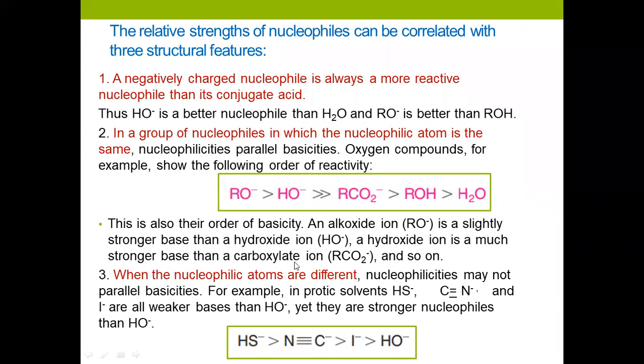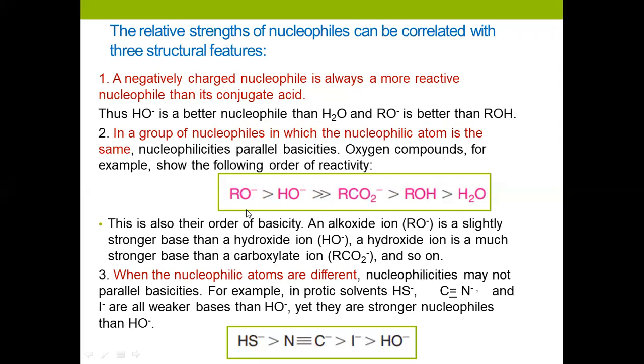Why is that? Let's look at the structure. Here you will have an R. An R is an alkyl group. Now, an alkyl group, as I mentioned earlier, has an electron donating inductive effect. So it has the tendency to donate electrons to its neighboring atom.